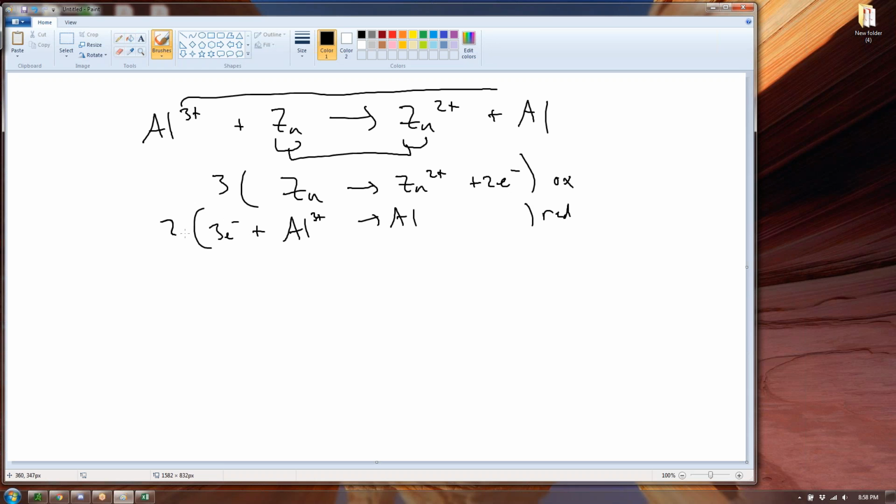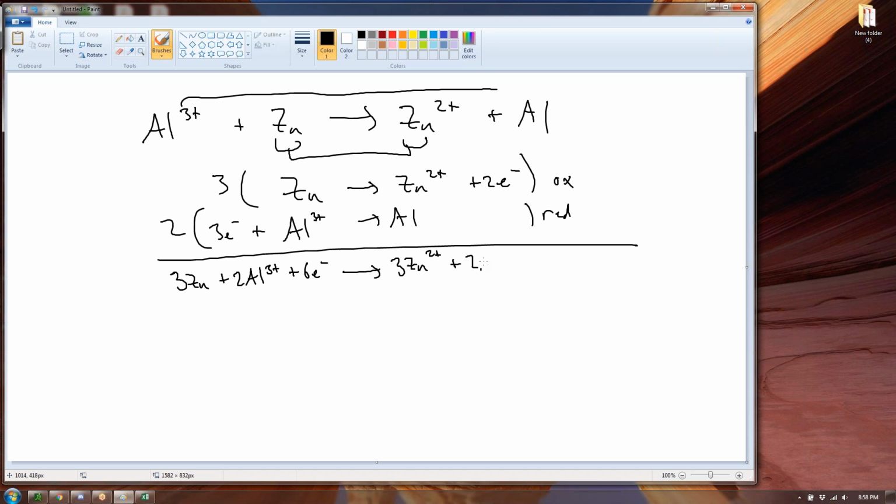So you multiply this one by 3, this one by 2, and then overall, if you combine them, you'd have 3 zinc, 2 Al3+, and 6 electrons on the reactant side, and then 3 Zn2+, 2 aluminums as a solid if you wanted to put states, and then 6 electrons here. The electrons are supposed to drop out in the end, and this is the overall reaction. It's really not that bad.